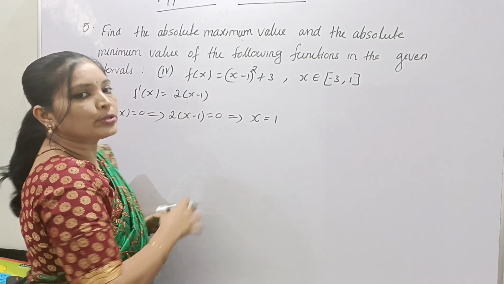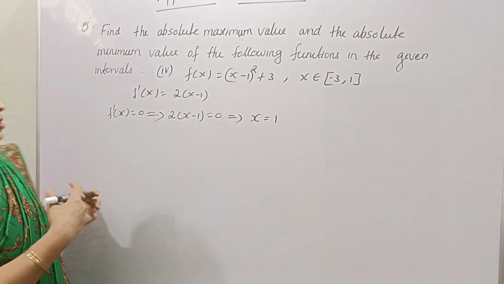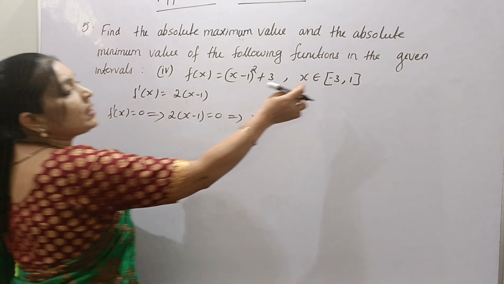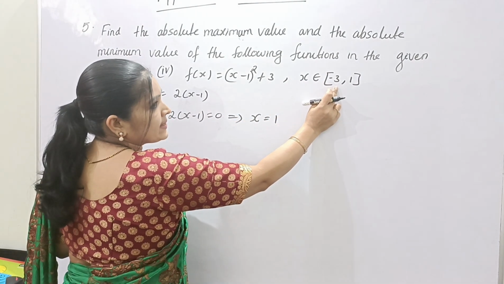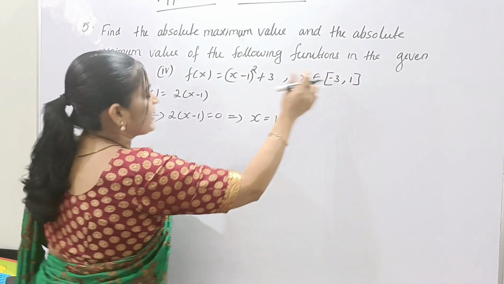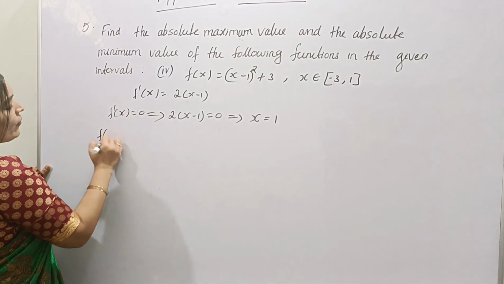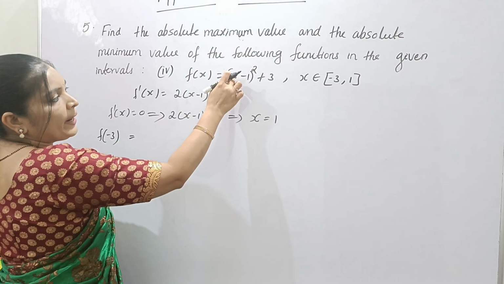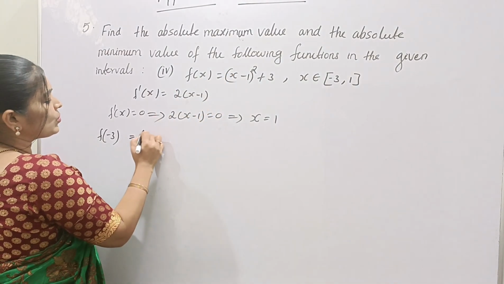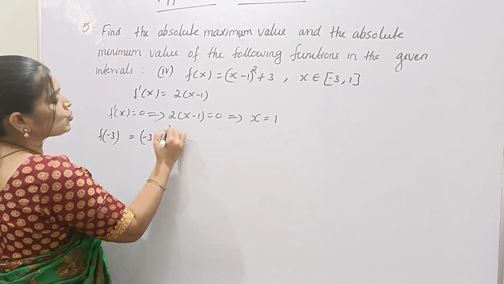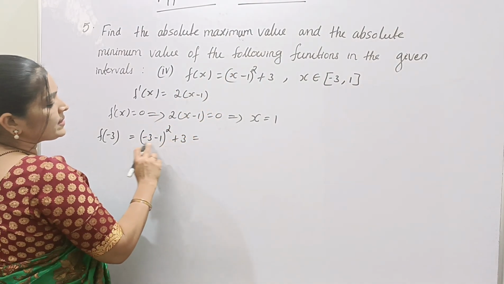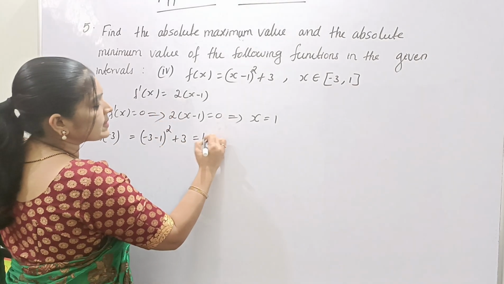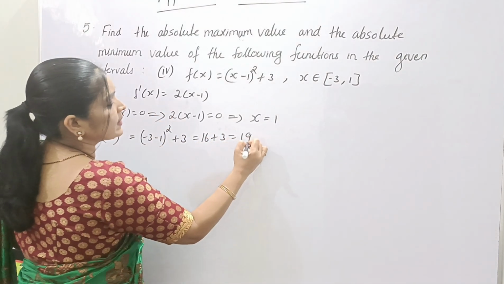Next we will find, see, the minimum value of x is minus 3, right? Find f of minus 3. Put x is equal to minus 3 in f of x. So minus 3 minus 1 whole square plus 3. That is minus 4 square is 16 plus 3, that is 19.